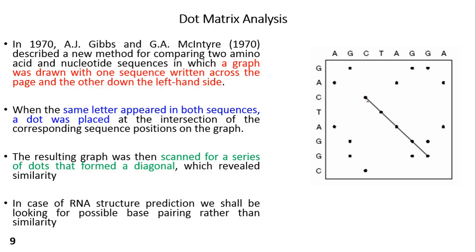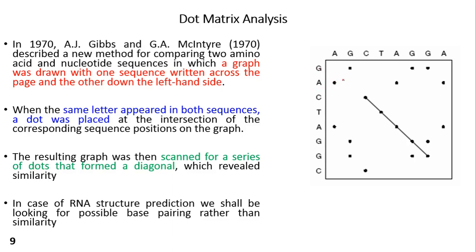This diagonal eventually revealed the similarity between the two sequences. This is the basic concept of dot matrix analysis when it comes to comparing two sequences, and these two sequences can be either protein sequences or nucleotide sequences, as in this case you can see.